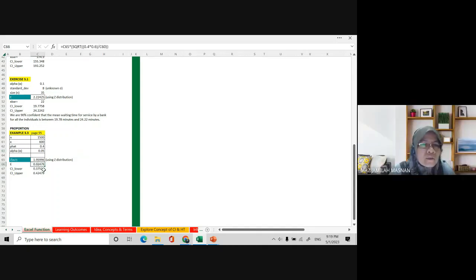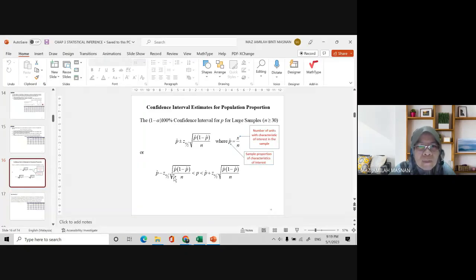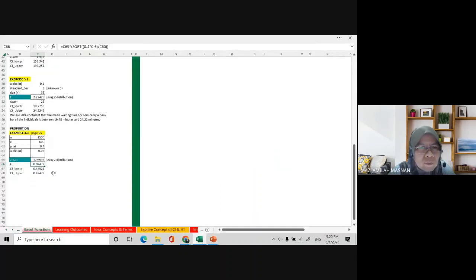Okay. E is the one that we need to multiply using Z alpha over 2 multiplied with the square root of P hat Q hat over n. So these are the components for E. So what did I do?